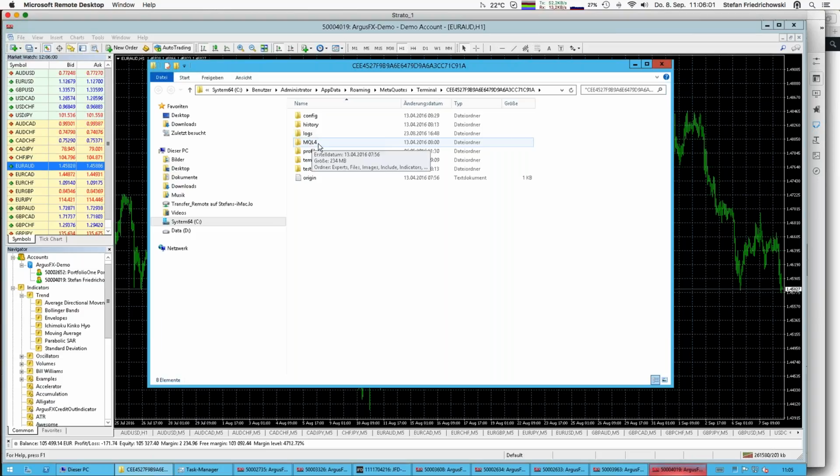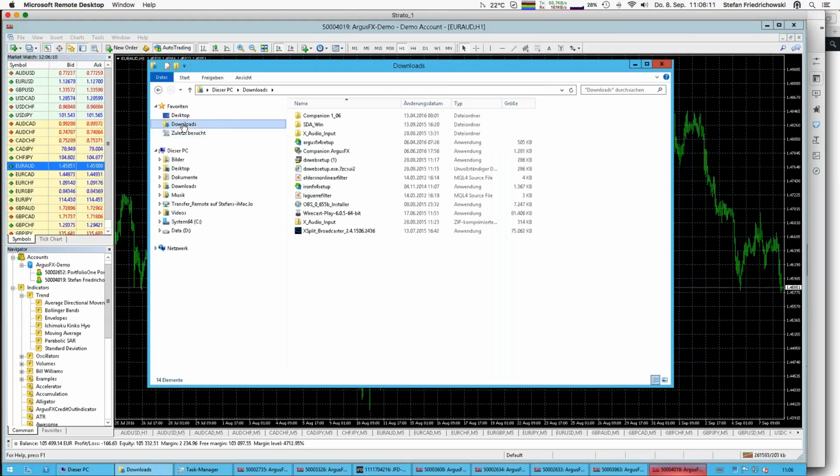So I said that my indicator is in the download folder, so I open the download folder here, and now I want to use a filter, for example, an MT4 indicator which is called Laguerre filter. I don't know how to pronounce the name. Whatever that filter is doing, that's not the topic for today, but it is downloaded from the web, and there you find two kinds of possibilities.